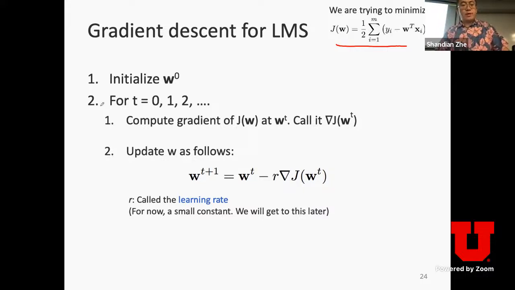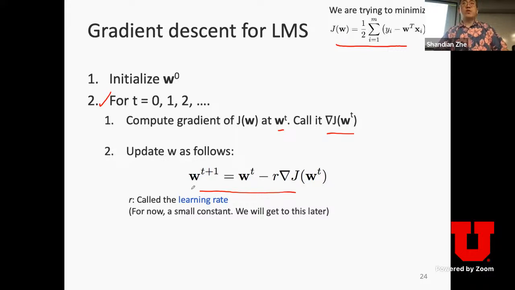Then it goes through iterations. For each iteration, we compute the gradient of the objective function at the current w, and then we use this rule to update our weight vector.